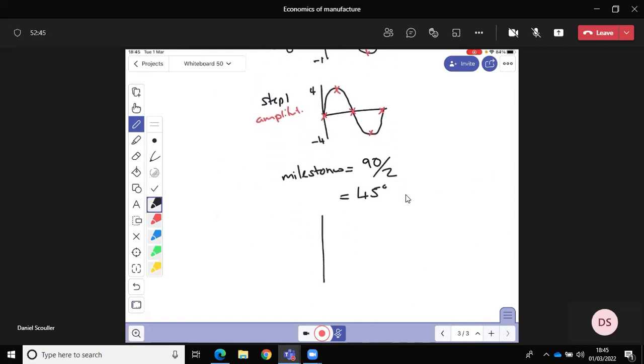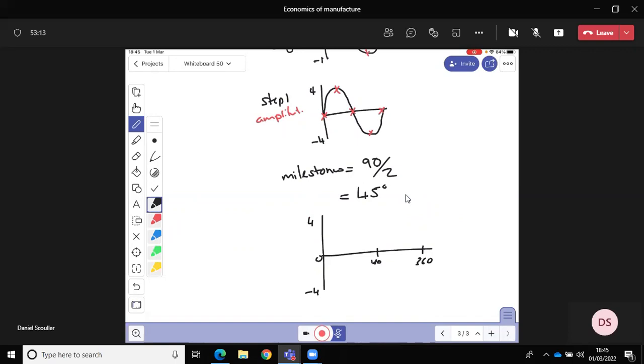So if I'm roughly sketching that, here I've got 4 and -4. I've got my limit, which is 360, and I've got 180. I've now got a full wave in between 0 and 180, and another full wave in between 180 and 360.